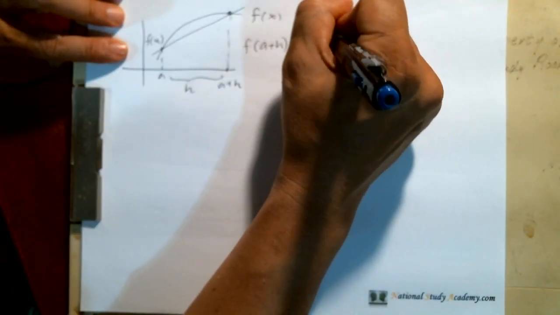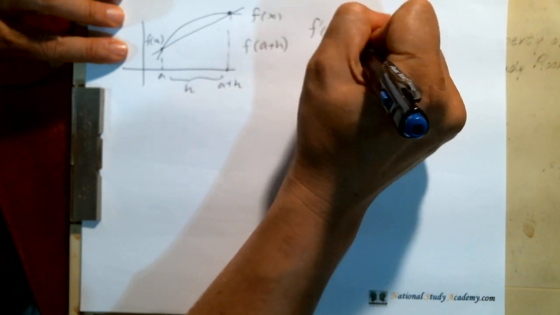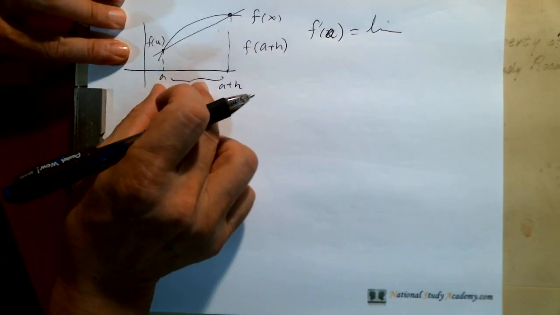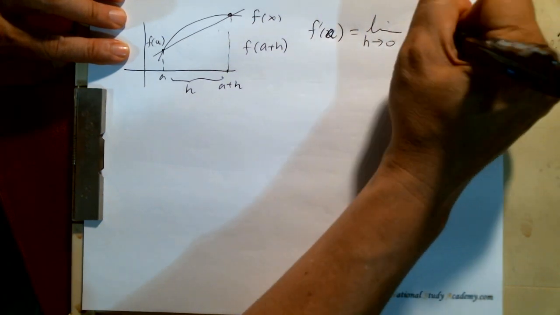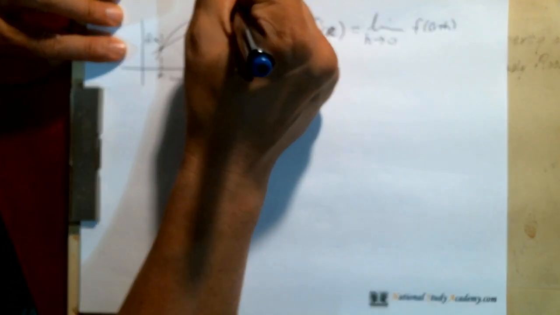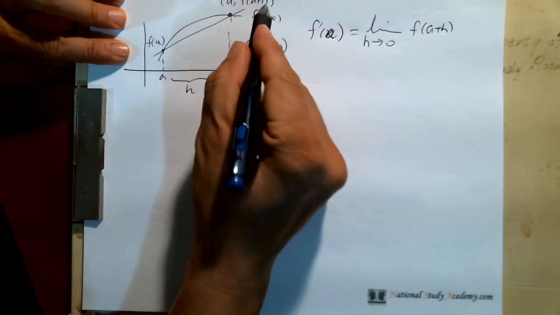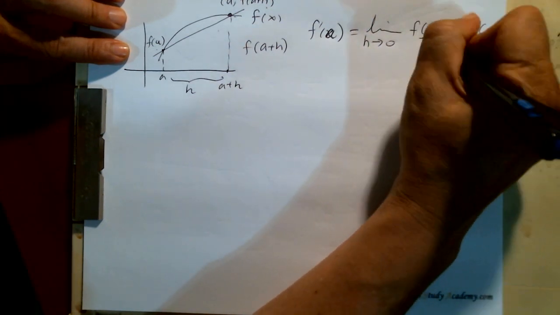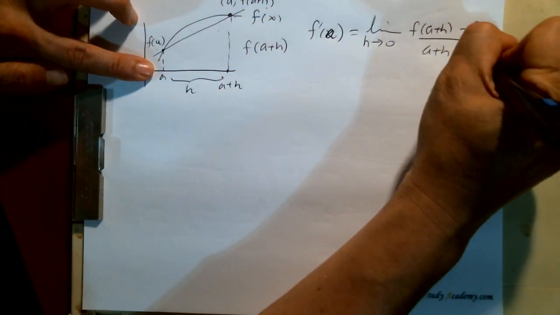So by definition, f prime of a at a point is equal to the limit as this h is going to come towards 0 now. Okay, so I'm going to go h as h approaches 0 of f of a plus h, y2 would be a comma f of a plus h, y2 minus y1, f of a, all over x2, which is a plus h minus a.